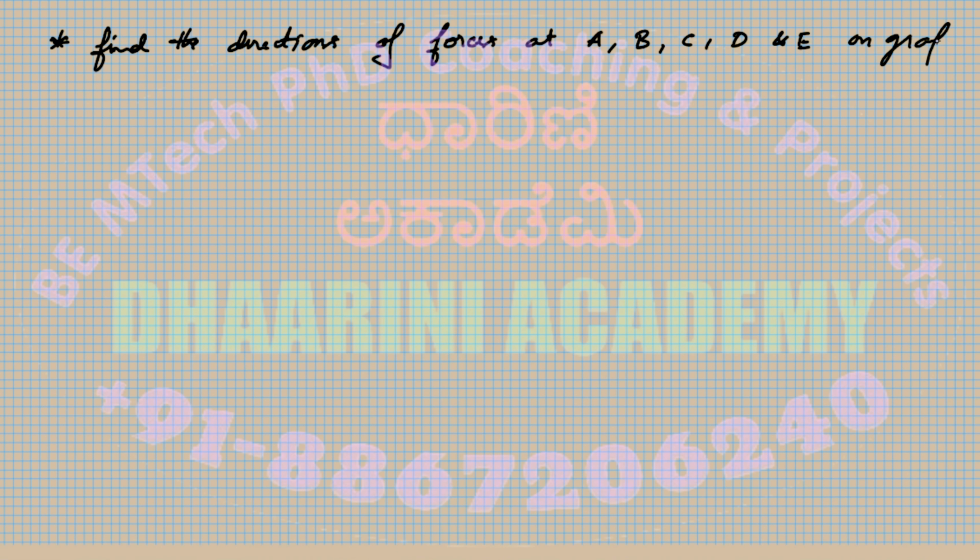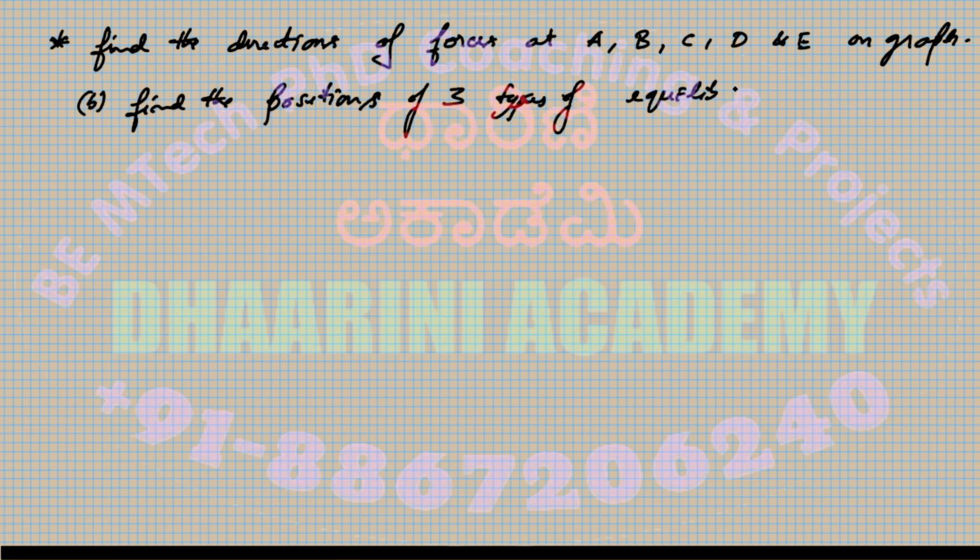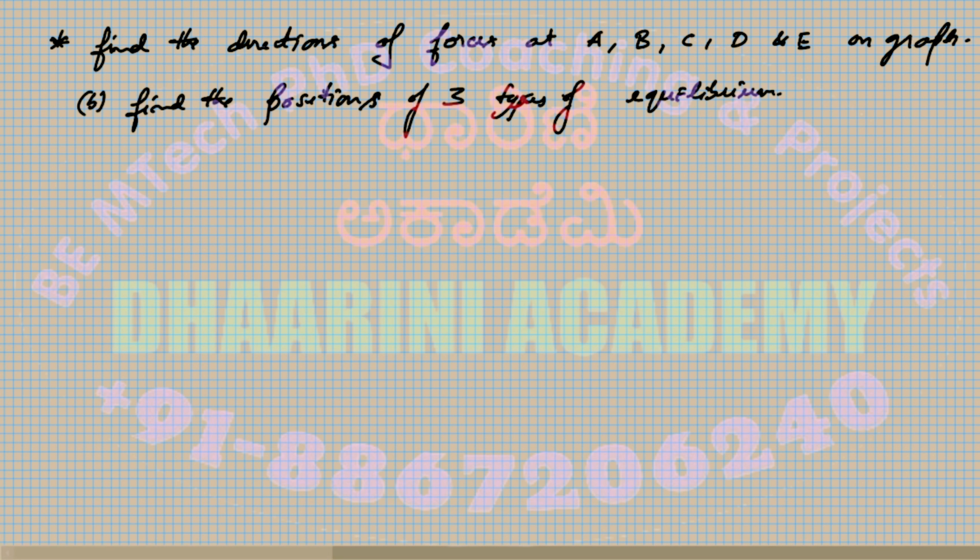So there is a graph given. From that we have to answer this. And also this is part B of the question. Find the positions of three types of equilibrium. Right. So the graph given is like this.